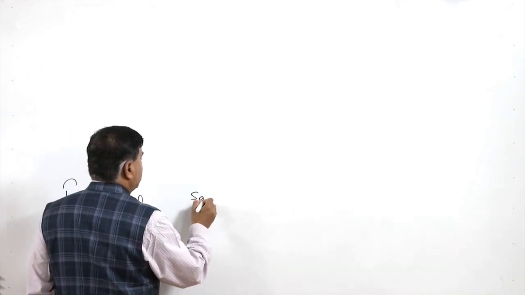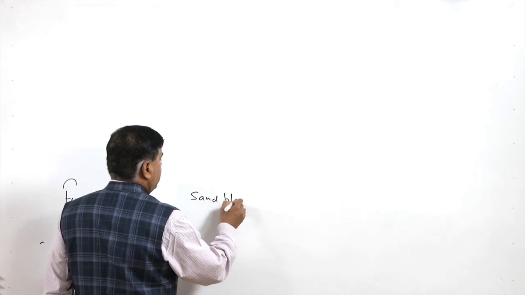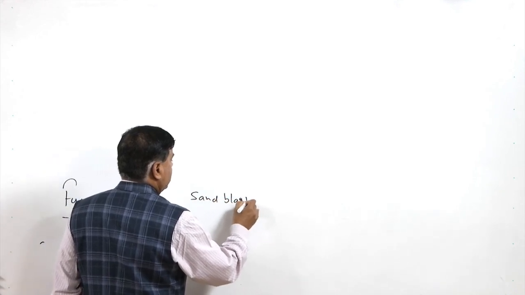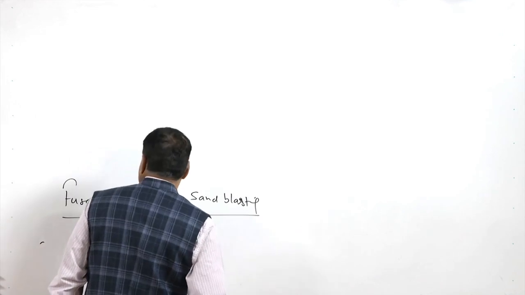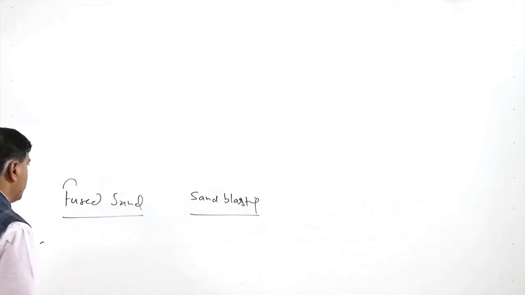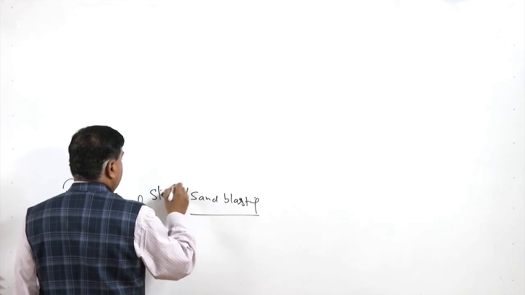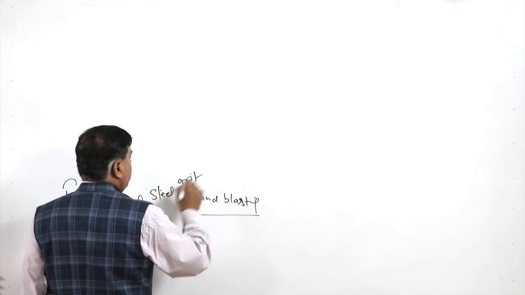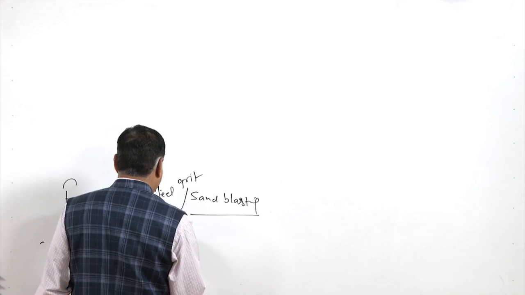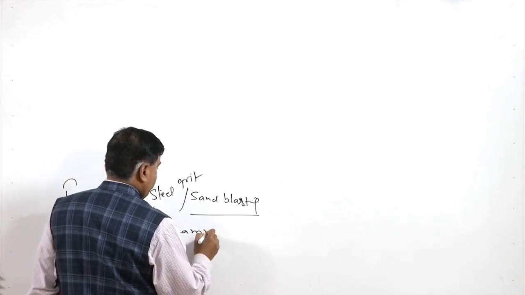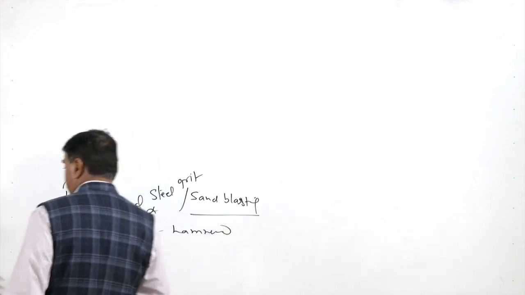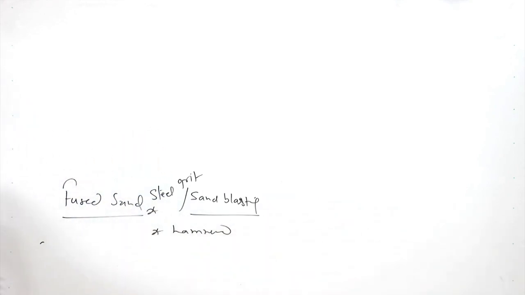One is sand blasting, or there is one more, sand or the steel grit blasting, and it can also be hammered for its removal.